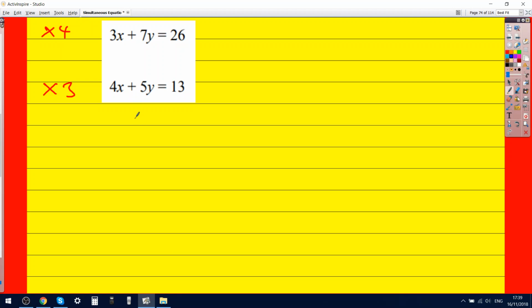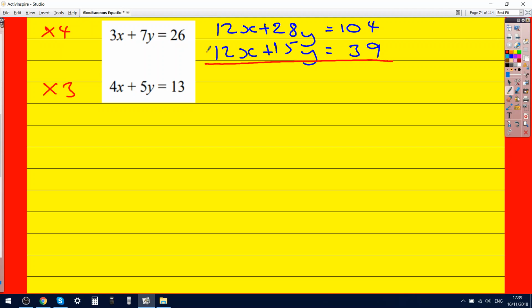So for the top you'd have 12x plus 28y equals 104. Okay. And for the bottom you would have 12x plus 15y equals 39. So now the x are the same, you subtract, don't you?